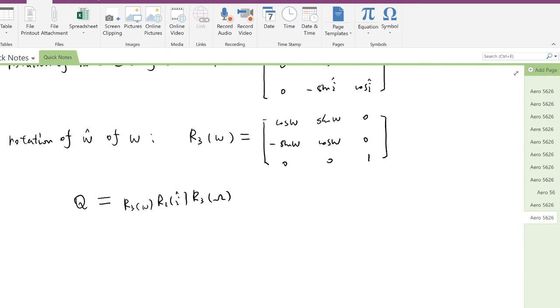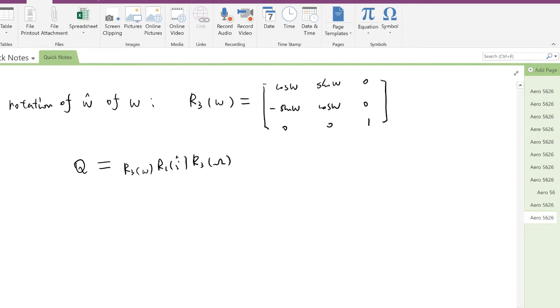We multiply them together, and eventually we have the matrix Q, such that the R in the small x is equivalent to Q times the R in the capital X. Or we can say the R in the capital X is equivalent to the Q inverse times the R in the small x.